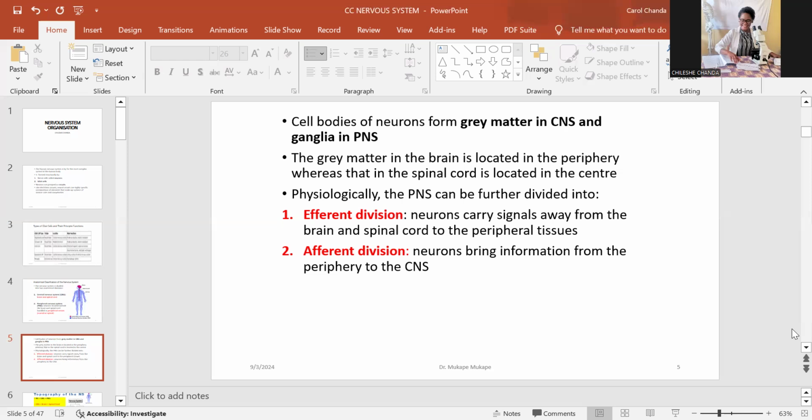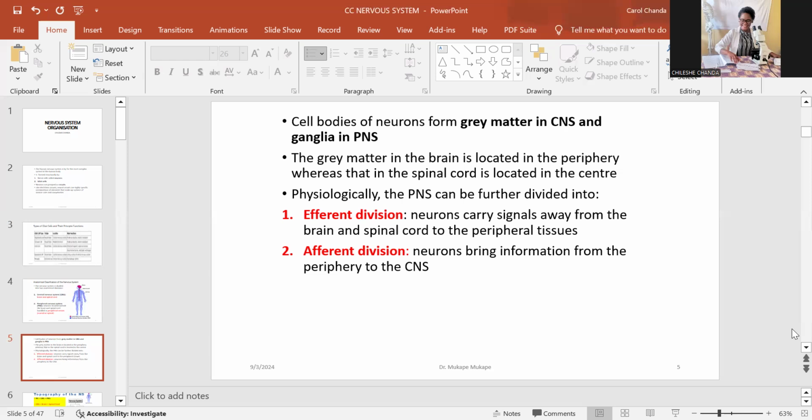One group of cell bodies is going to be called a nucleus, and several groups are going to be known as nuclei in the central nervous system. However, in the peripheral nervous system, cell bodies that are in groups are known as ganglia. So we're going to find several different groupings of cell bodies, and those will be known as the ganglia.